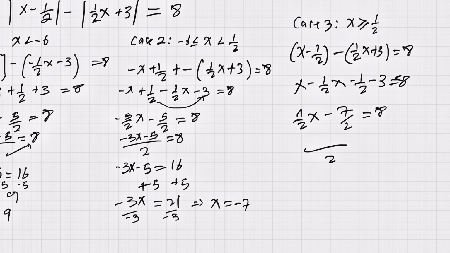The LCM here is 2. So we have x minus 7 is equal to 8, and x minus 7 is equal to 16. We add 7 to both sides of the equation, and x will be equal to what? 16 plus 7 is 23.